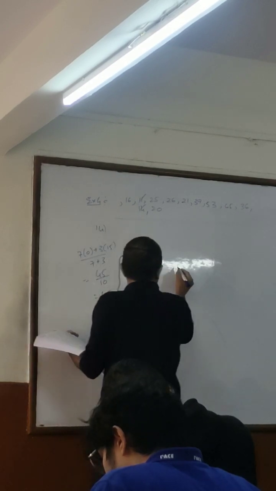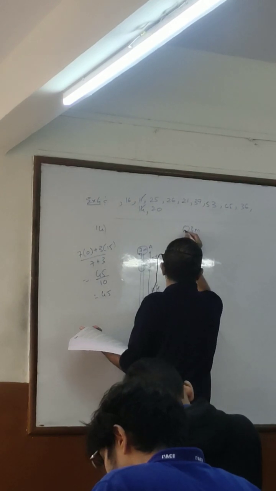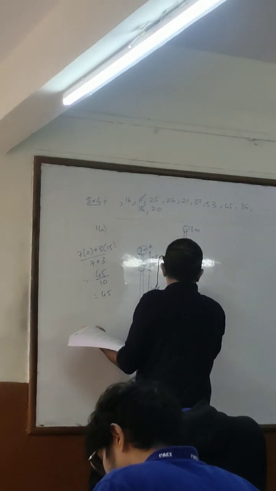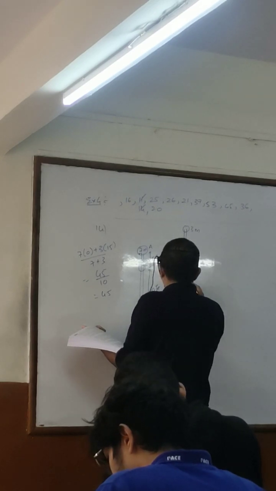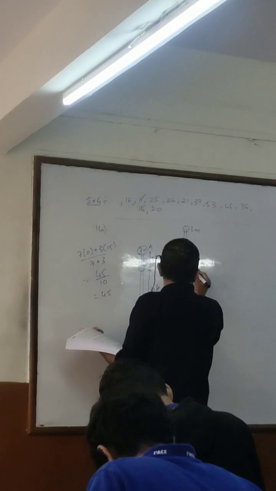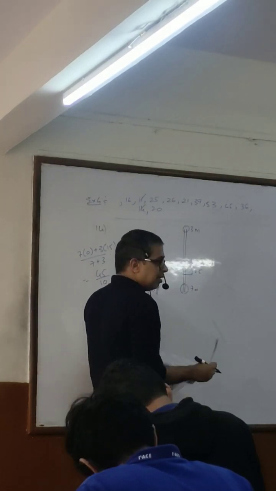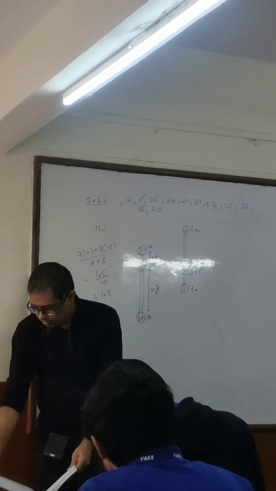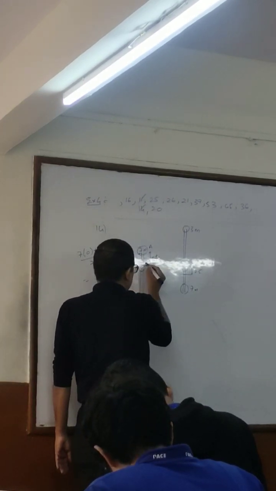Now you slightly disturb it. What will happen? This 3m should come here and 7m should come here, and this should be below this. It will be 0.5 feet.